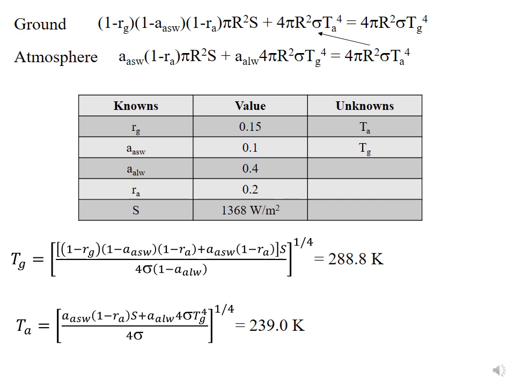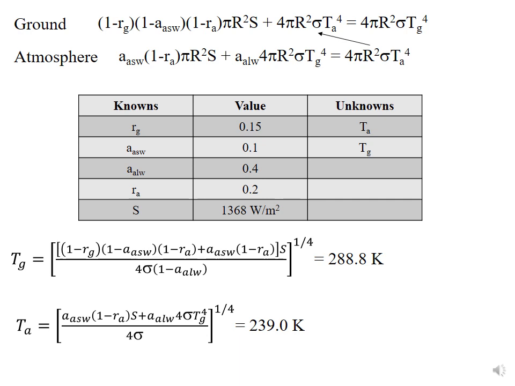Since I have specified the values for the reflectivity of the ground, the absorption of the atmosphere in the shortwave, the absorption of the atmosphere in the longwave, and the reflectivity of the atmosphere, I can plug those quantities into the equation for the temperature of the ground, and for these particular specified values I came up with a temperature of the ground of 288.8 Kelvin.